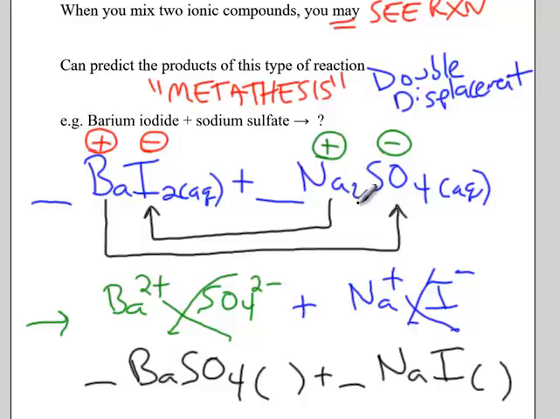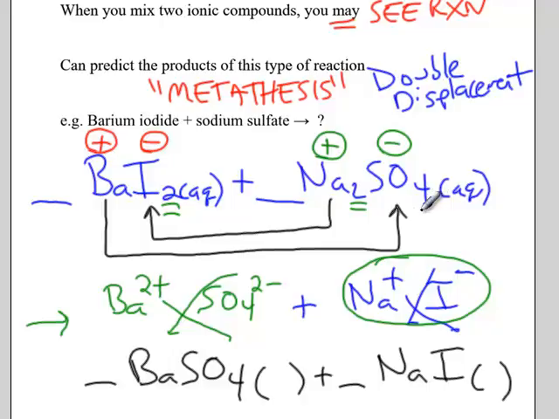Notice I did not include this 2 subscript on the sodium or this 2 subscript on the iodide because those are not part of the chemical formula. Sodium is just a positive 1 cation, and to make sodium sulfate we needed a 2-to-1 ratio between sodium and sulfate. When we do the crisscross, those subscripts were not included.